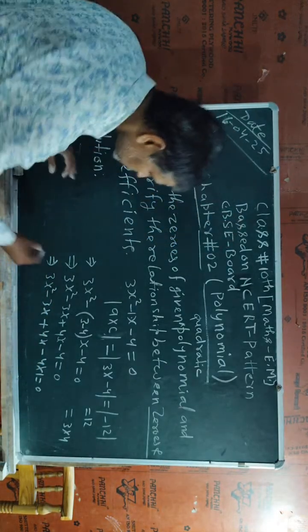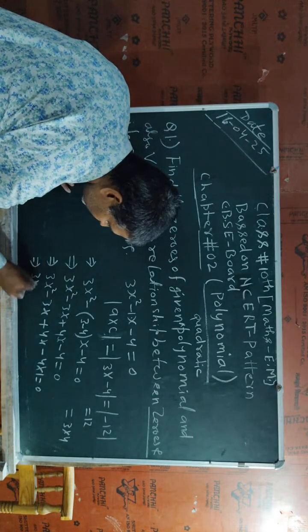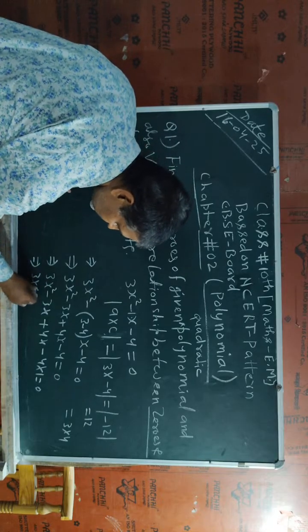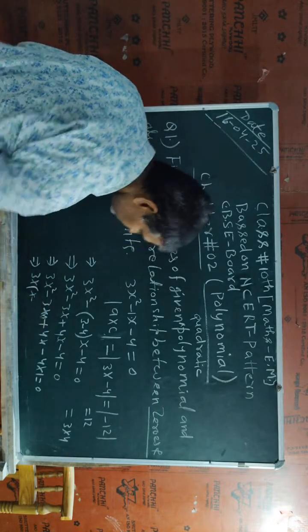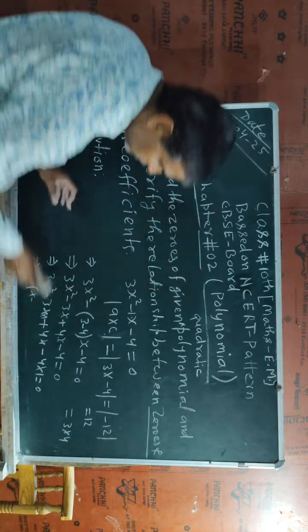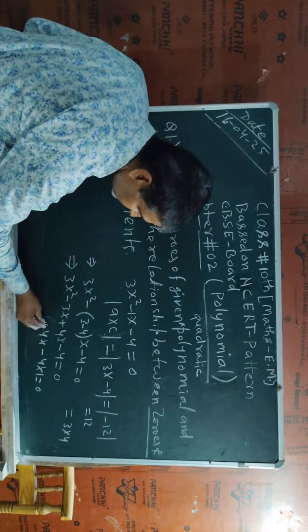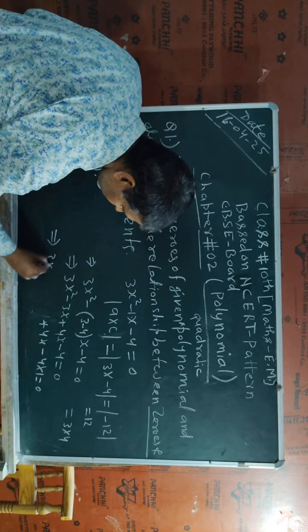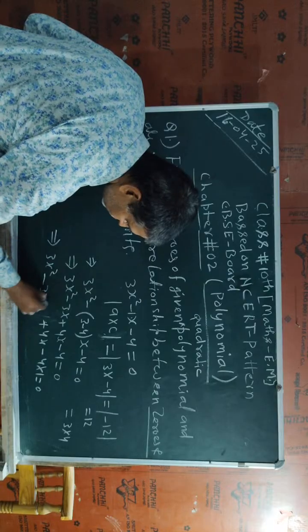In the next step, I take 3x common. Here I can write it like this so the student can understand easily: 3x square, and in the place of 3x I write 3x into 1.